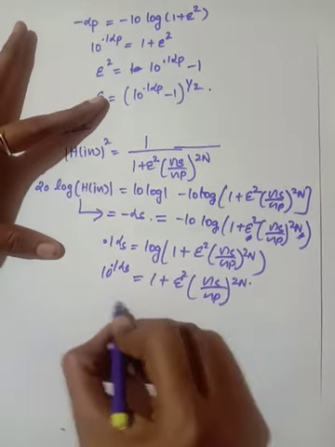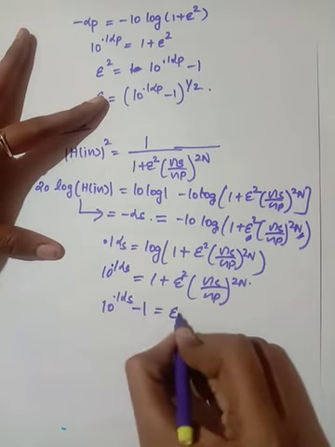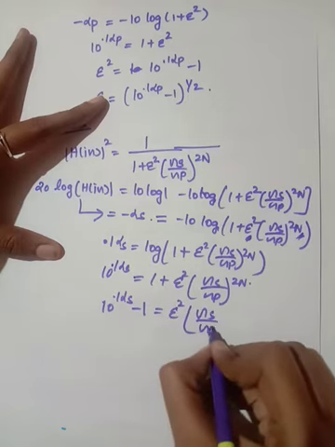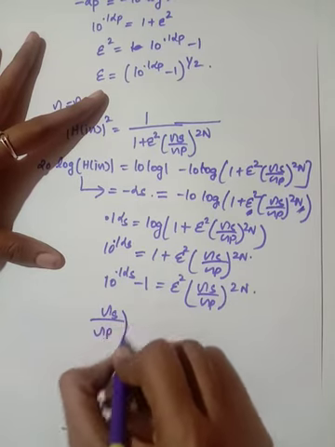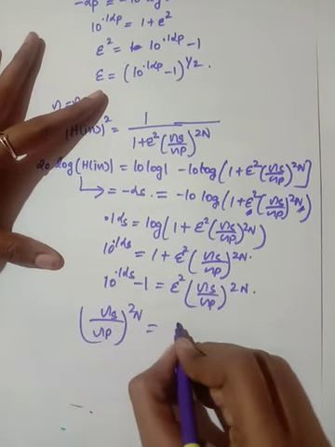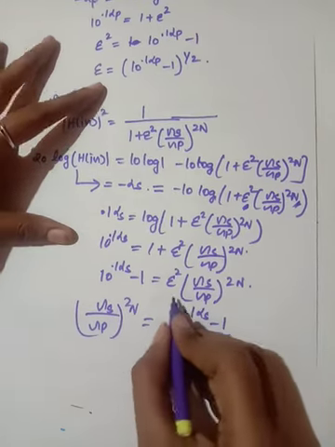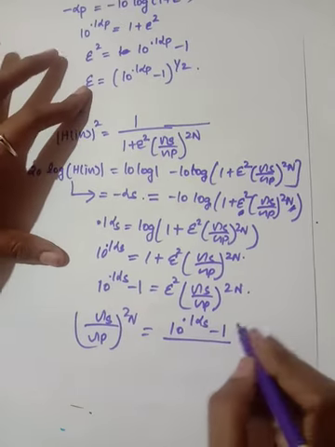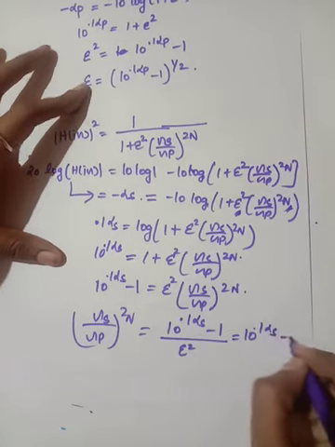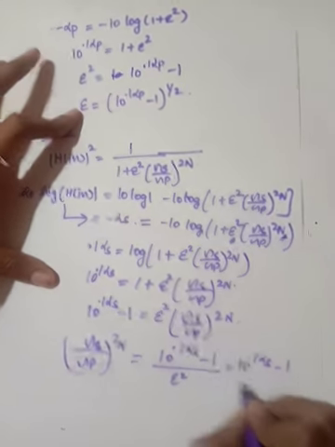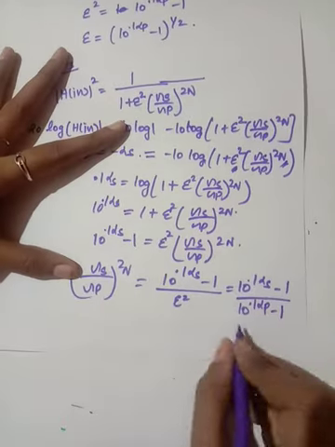So 10 power 0.1 alpha s minus 1 is equal to epsilon square (omega s by omega p) the whole power 2n. Okay, so this can be written as (omega s by omega p) the whole power 2n, which is equal to (10 power 0.1 alpha s minus 1) divided by epsilon square. So here you will get epsilon square, which is nothing but 10 power 0.1 alpha p minus 1. Okay, this is your value for this.